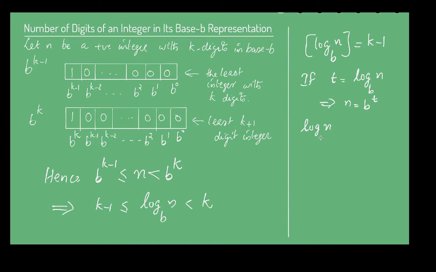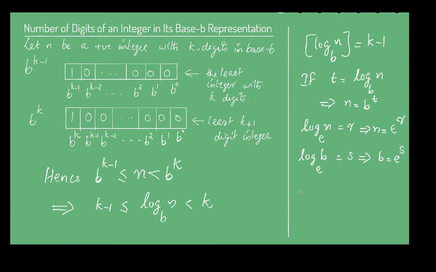That means the base is e, and if we take this as r, then we have n is equal to e raised to r. Similarly, if we let log b, or the natural log of b, as s, then we have b is equal to e raised to s.